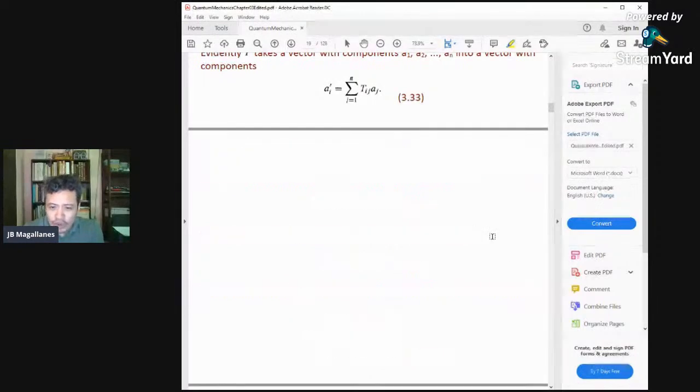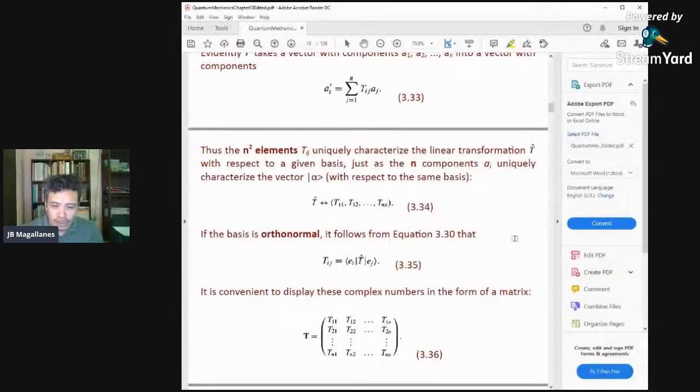So if the basis is orthonormal, as I've said in the previous lecture, orthonormal means that if you get the inner product from one element of the basis to another element, that would be 0.